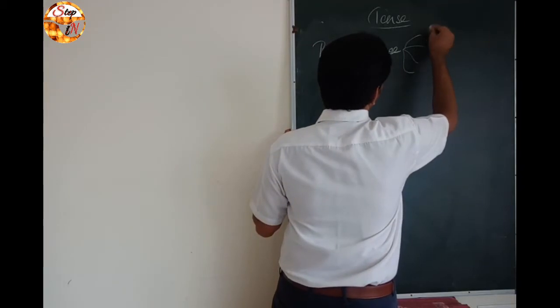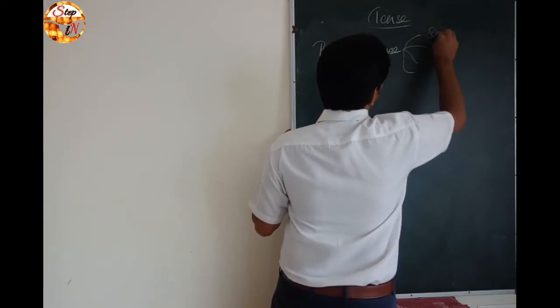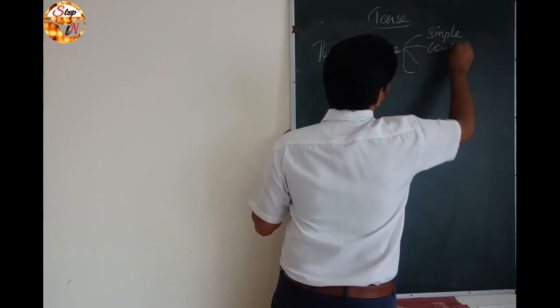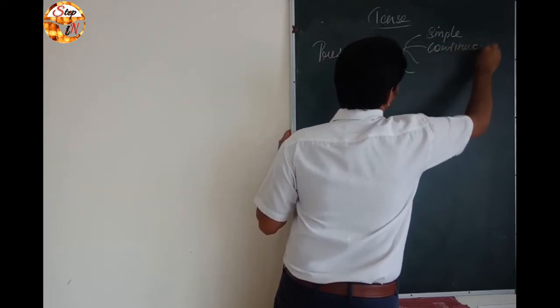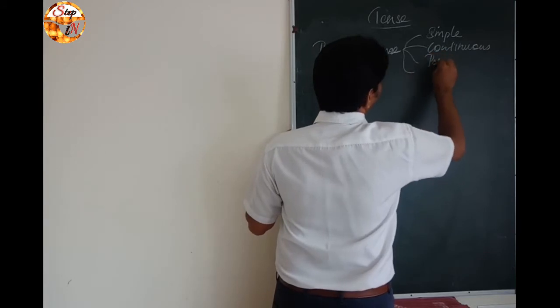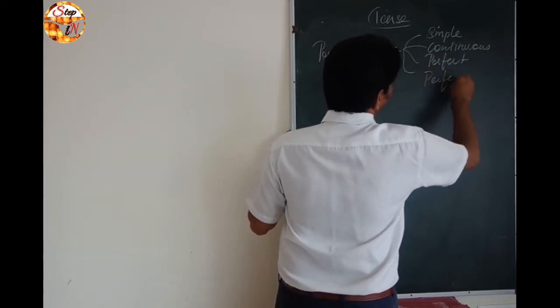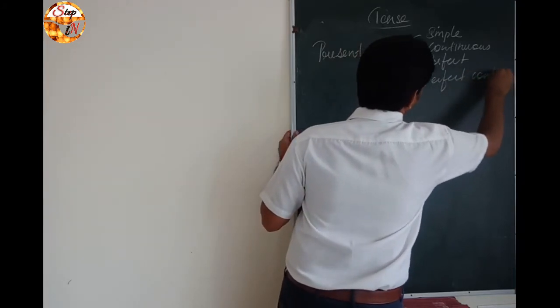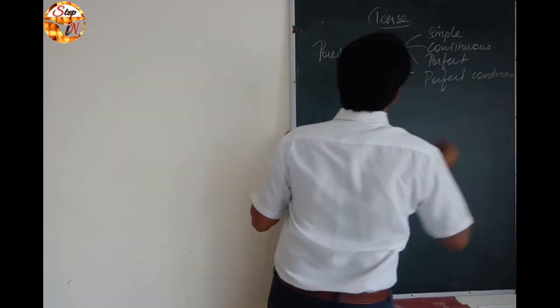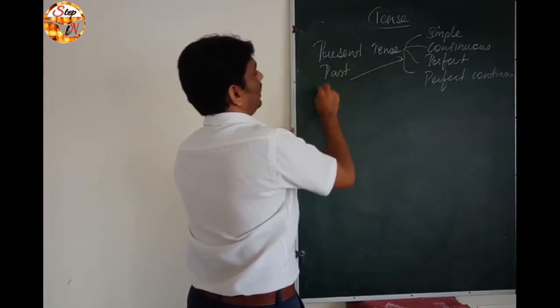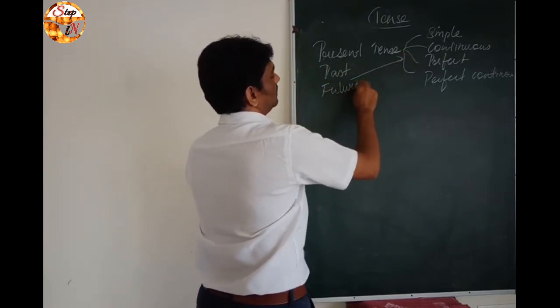The four aspects are simple, then the second aspect continuous, the third aspect perfect, and the fourth aspect perfect continuous. Like that, we have the same for past tenses, and the same with future tense also.